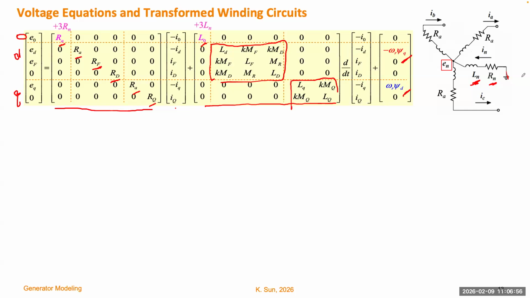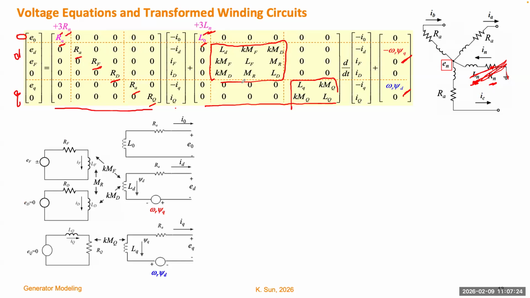So where do those items go? They will go to the first element. If it is a balanced condition, you don't need to add those two, you can ignore. But for an unbalanced condition, if you want to use this equation to do any calculation, you need to add the neutral resistance and inductance times 3 to the first element.